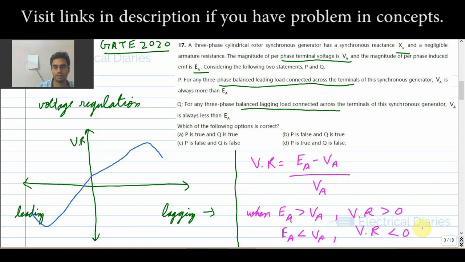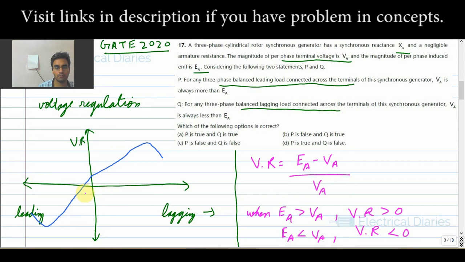He is asking whether, in the case of leading load, VA greater than EA follows. So voltage regulation is negative. See, voltage regulation is negative in this region. So in this region, voltage regulation is negative.